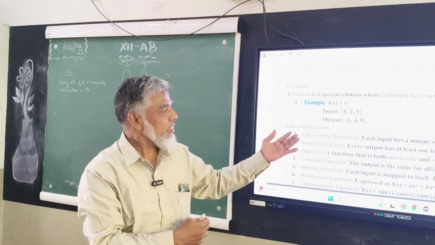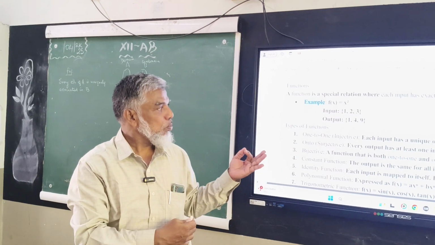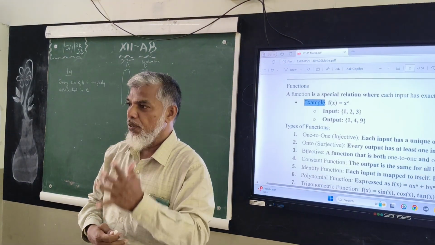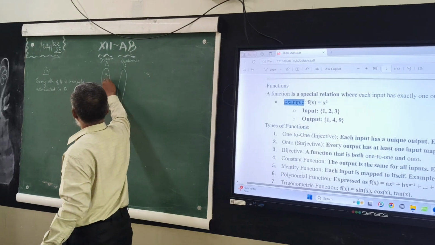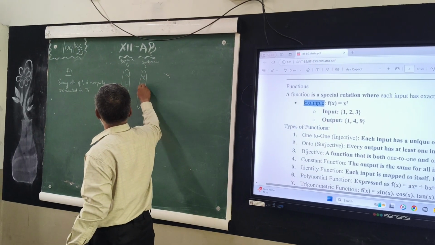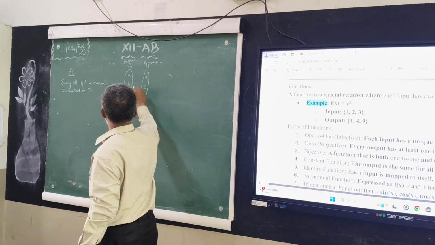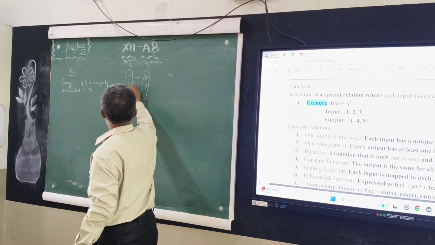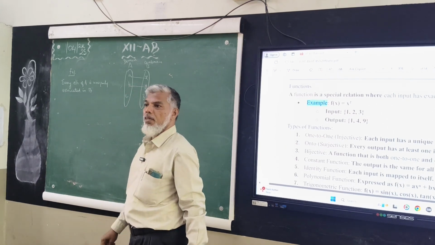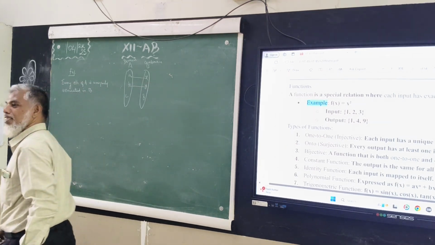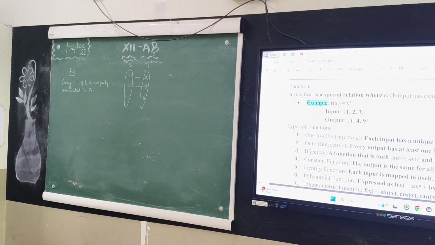Now the definition is slightly changed. Each input has exactly one output. For that, call it A, B, C and X, Y, Z. Is it a function? No, it is not a function.